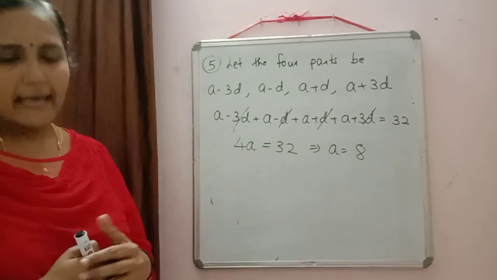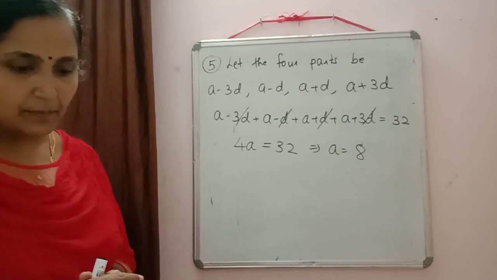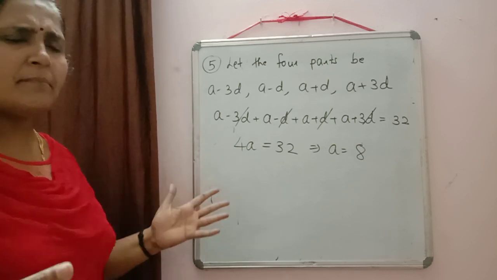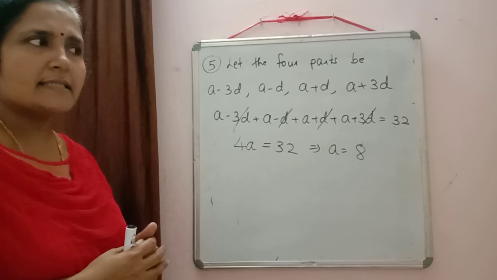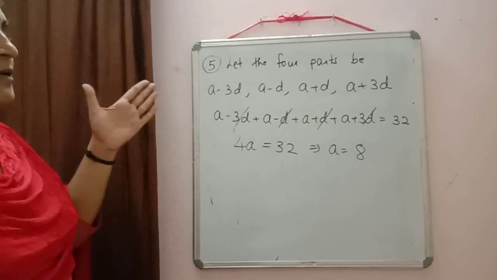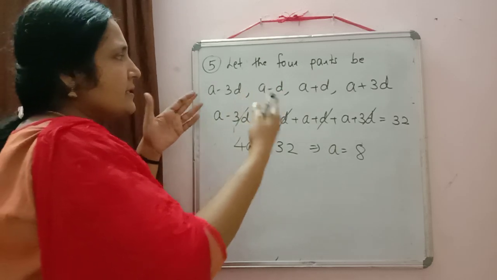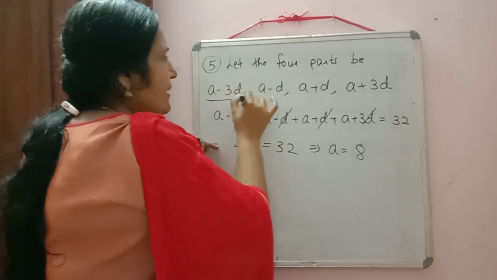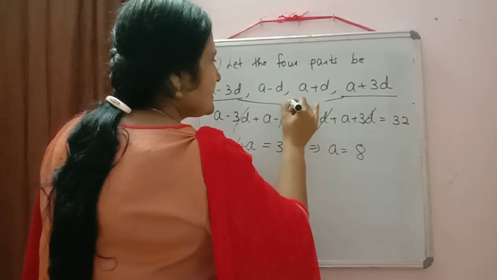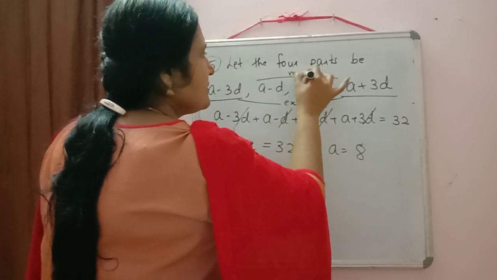Now moving on to the next information, such that the product of extremes is to the product of means. What is this product of extremes? Extreme means at the end. So if you check the numbers in the corners, they are A minus 3D and A plus 3D. These numbers are called extremes, and the middle numbers are called means.